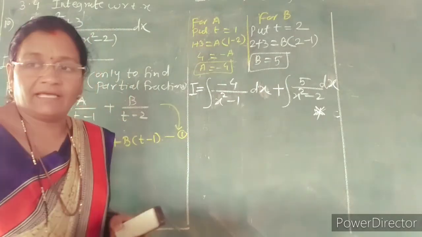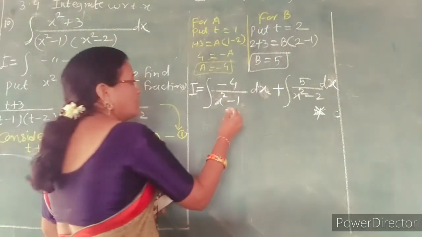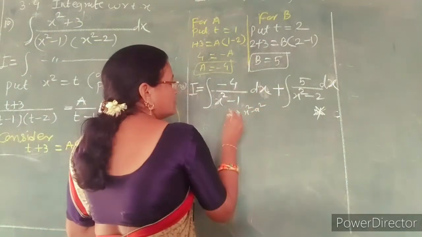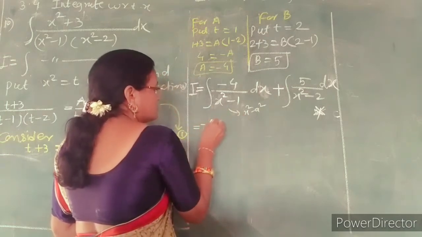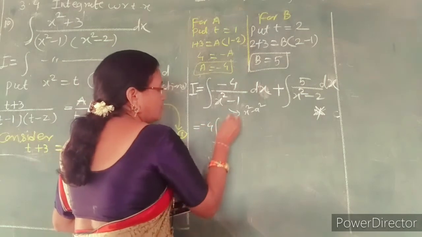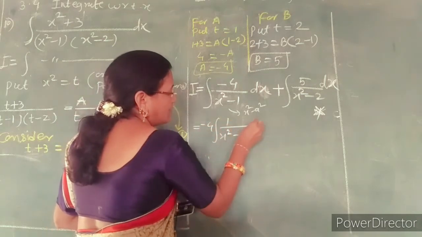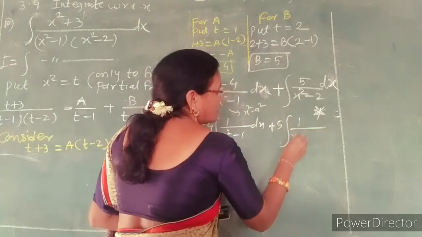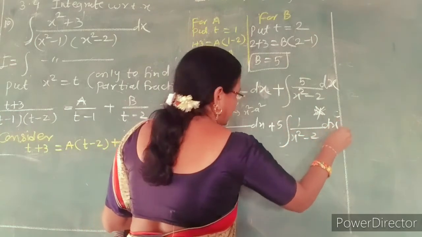For this case we take that integral. Now compare this denominator with the type x square minus a square. So the integral of minus 4 upon, minus 4 is constant, 1 upon x square minus 1 dx plus 5 into 1 upon x square minus 2 dx.